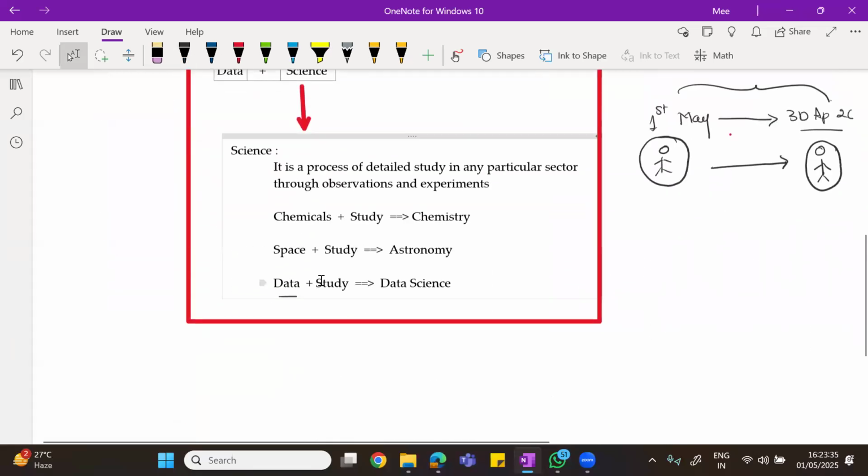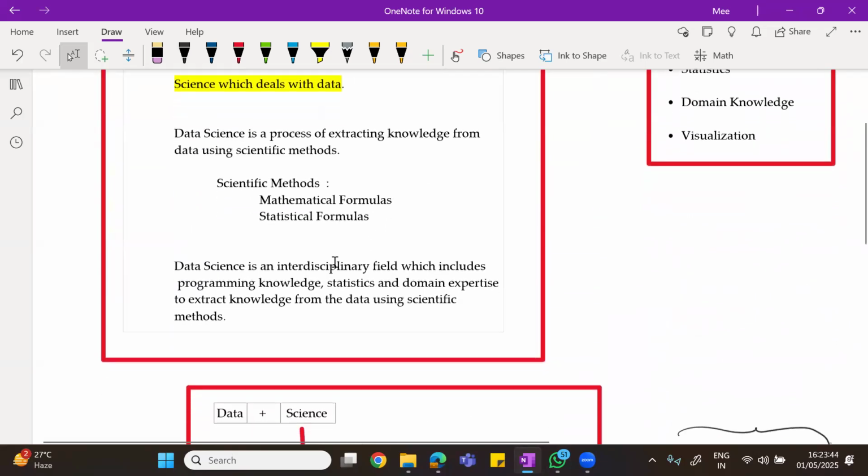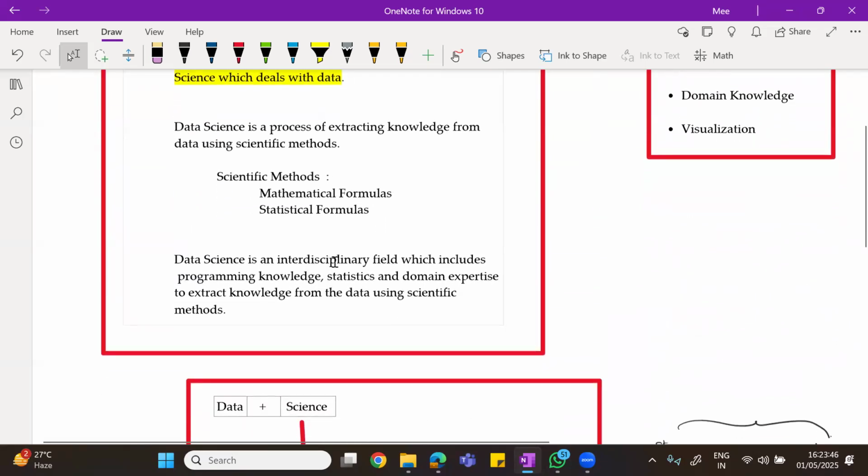Once you do a study, you will definitely get the knowledge, and that knowledge is extracted with the help of scientific methods. That is what is called data science. If someone asks you about this, this is the most preferred answer. This is the best one you can give.